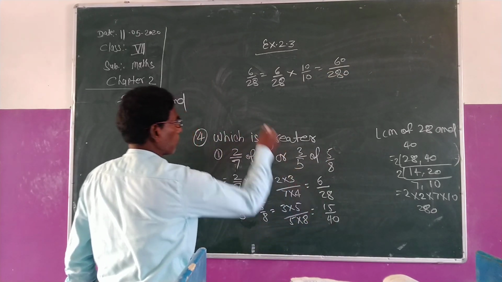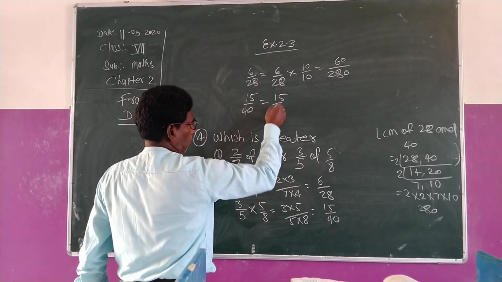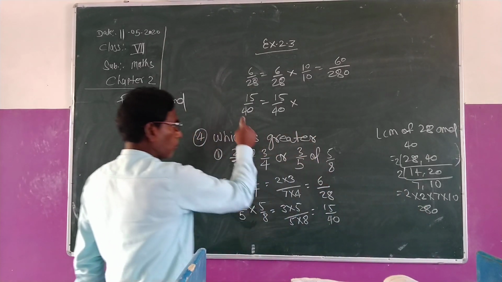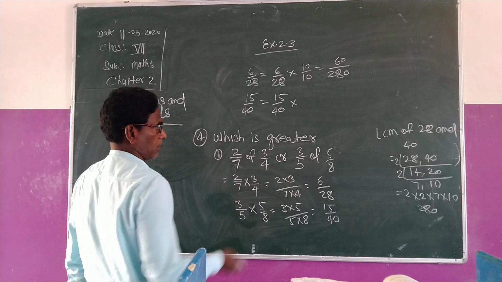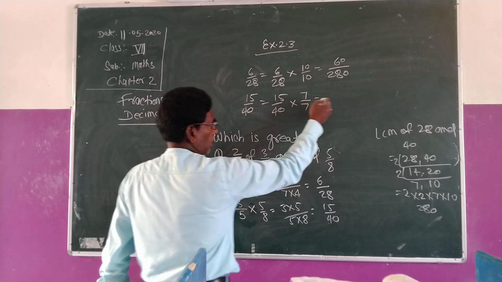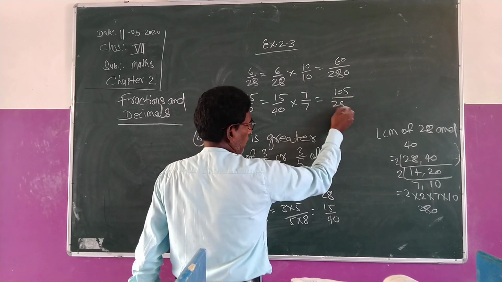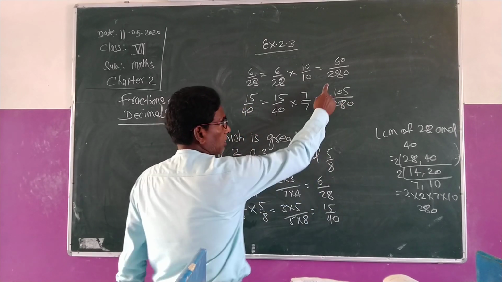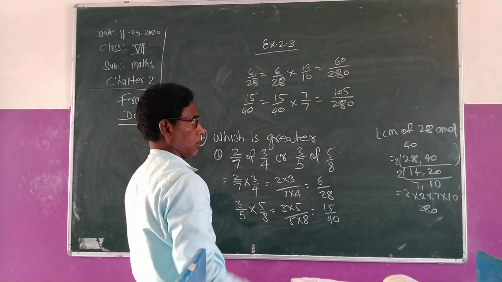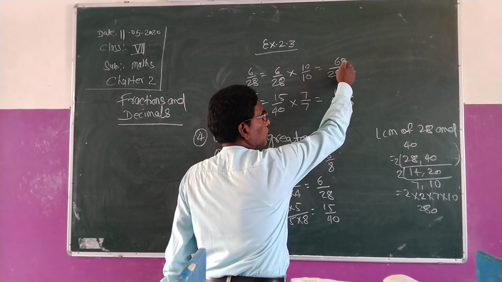Similarly, 15 by 40 is equal to 15 by 40 into 7 by 7, because you divide 280 by 40 and get 7 times. That is 15 7s are 105 by 40 7s are 280. Here we see that both denominators, 280 and 280, are the same. So 105 is greater than 60.